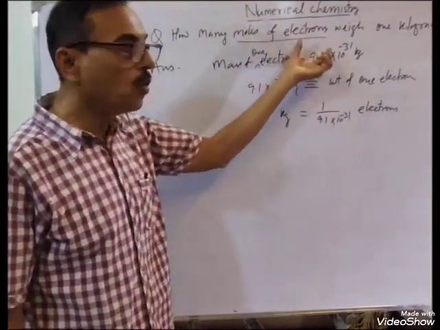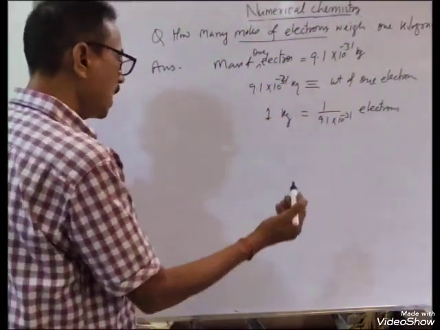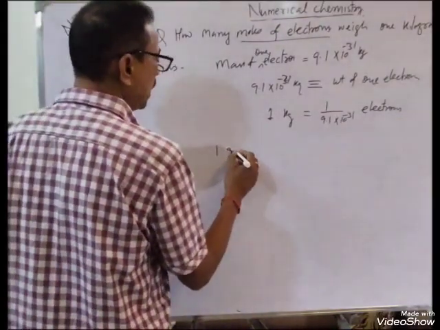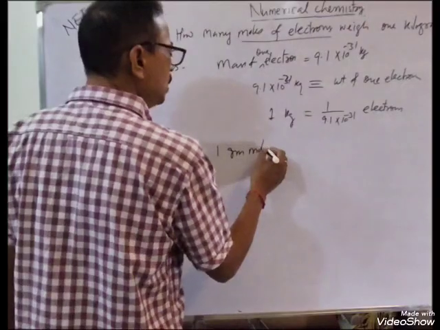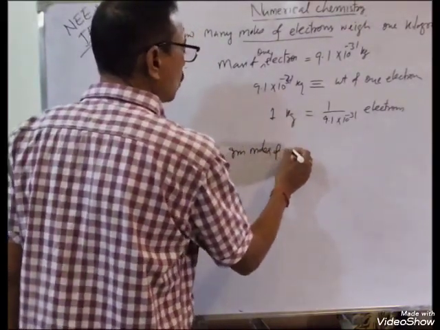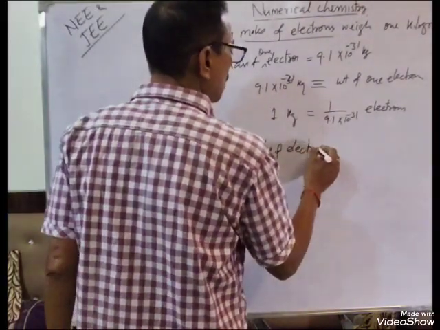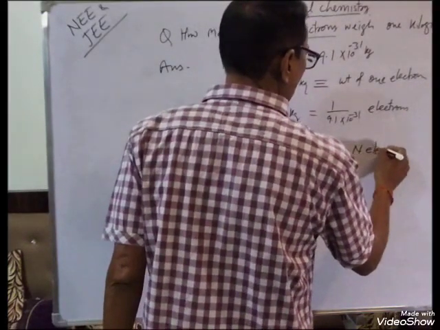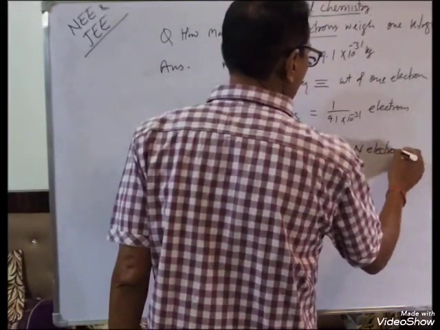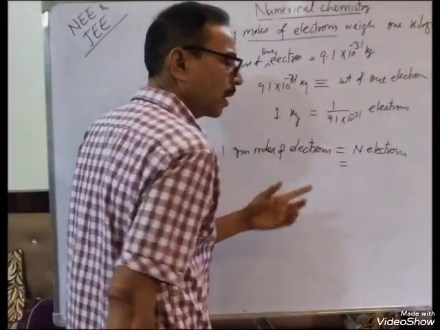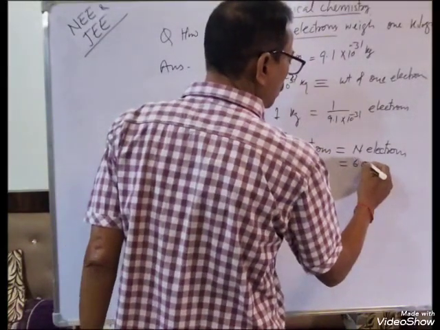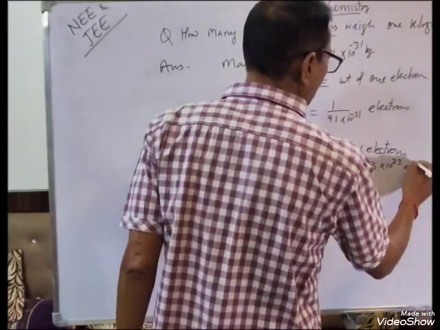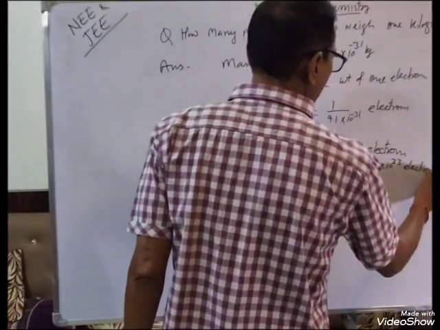But how many moles of electron? So here you write down. I have told you earlier that 1 gram mole of anything, moles of electrons, contains N electrons. N means Avogadro number, 6.023 into 10 to the power 23 electrons.